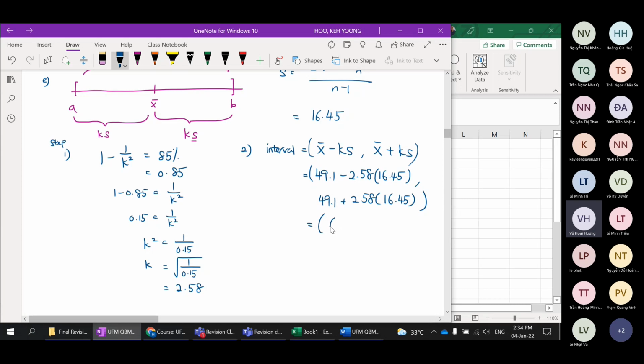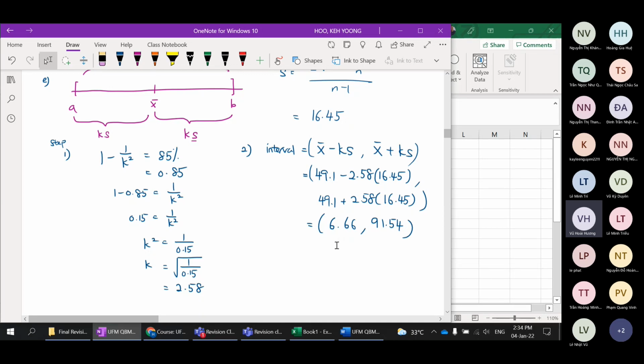If I round off to 2 decimals, then you'll get 6.66 and 91.54.